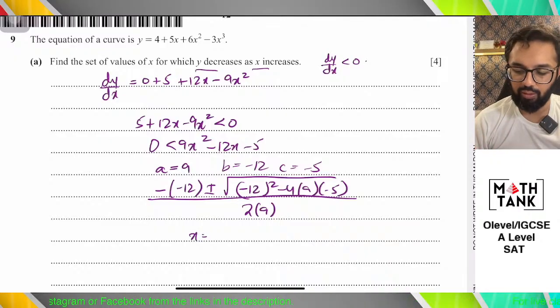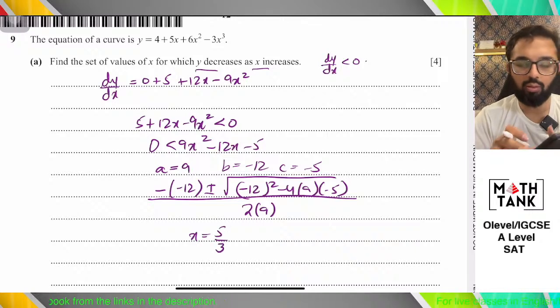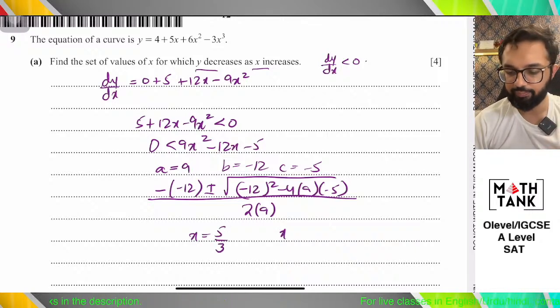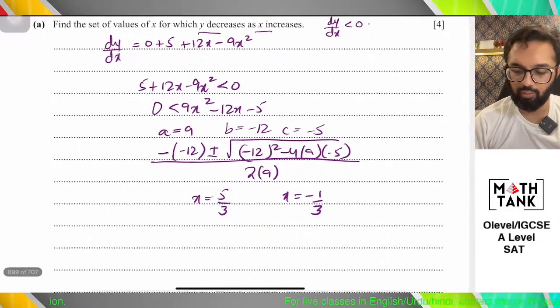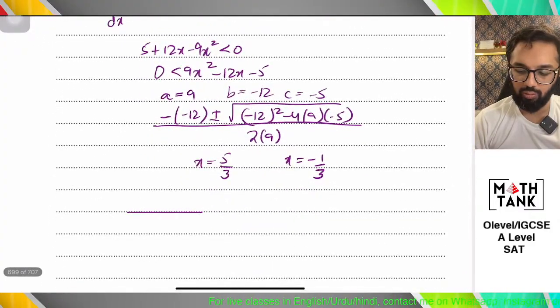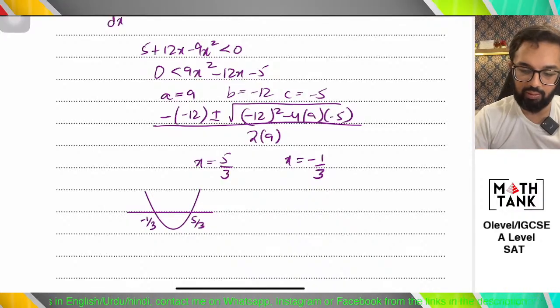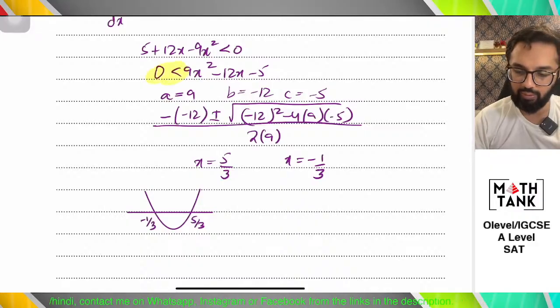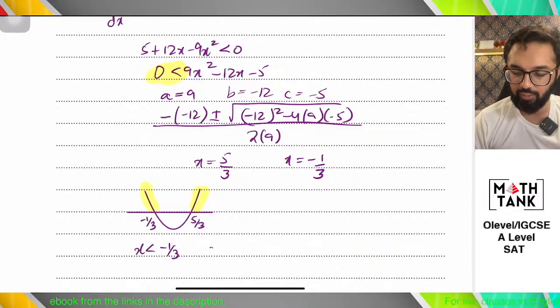Five over 3 and minus 1 over 3. What values am I looking for? Looking for values from here that are greater than 0. So this one and that one. So x is less than minus 1 over 3 or x is greater than 5 over 3.